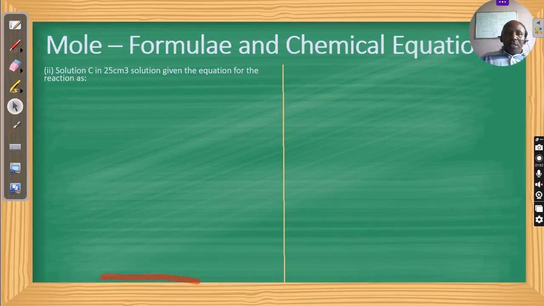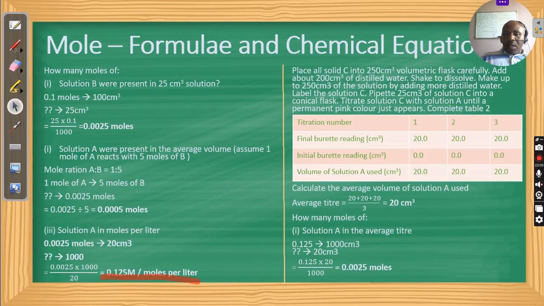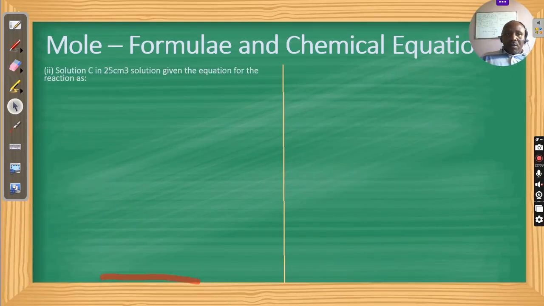So part 2, solution C in 25 centimeter cubic solution given the equation for the reaction. Here we are looking for the number of moles of solution C in 25 centimeter cubic solution, given the equation for the reaction as you can see there.